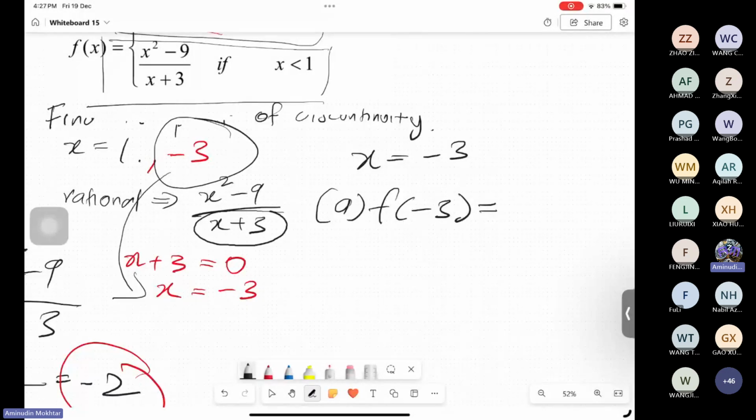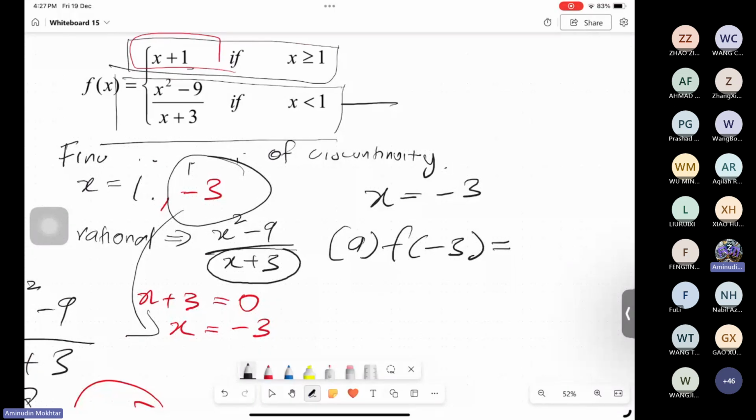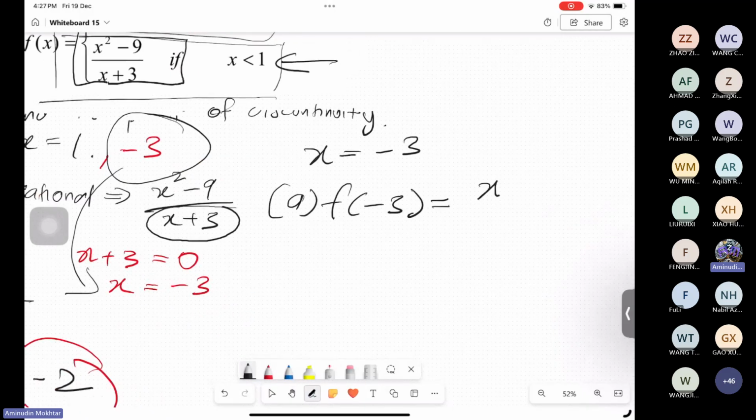Check whether the function has a value or not. When x equal -3 is less than 1, the value of y is equal to x squared minus 9 divided by x plus 3.